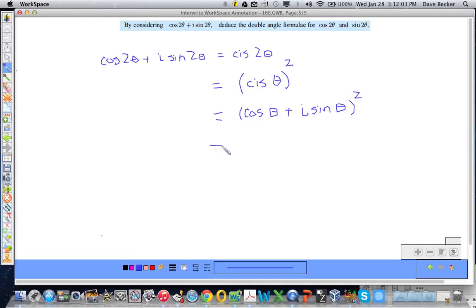And if we expand that, I'll spare you the expansion, but if we expand that and separate the real from the imaginary part of the complex number, we end up with cosine squared theta minus sine squared theta.